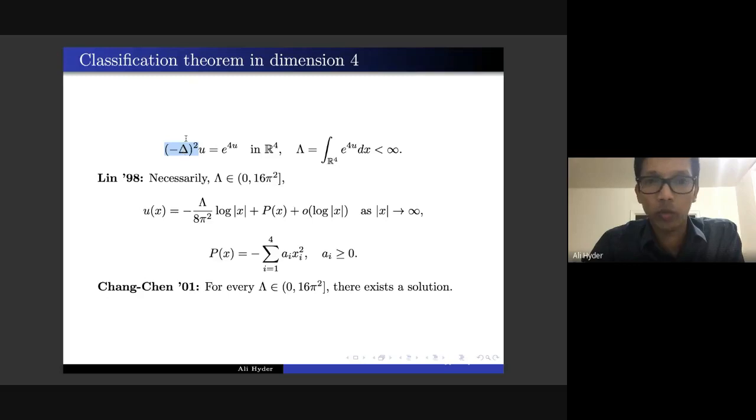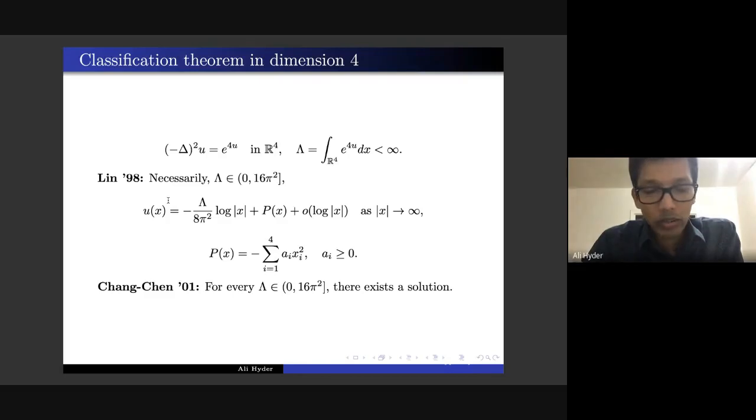So it's a fourth order operator, and also assuming that the integral is finite. As before, now we do not have any more the techniques using complex analysis, so we only have the PDE approach basically for all the analysis. The 16 pi squared quantity plays the same role as 4 pi before.